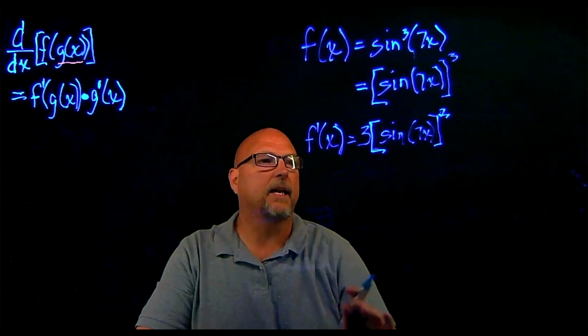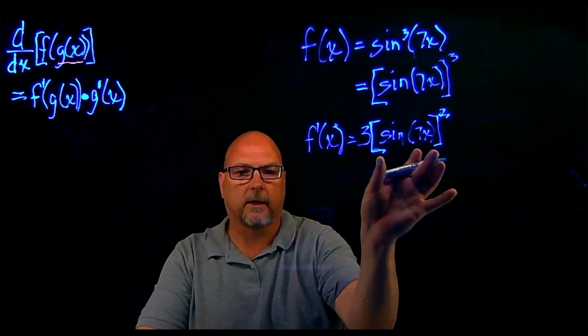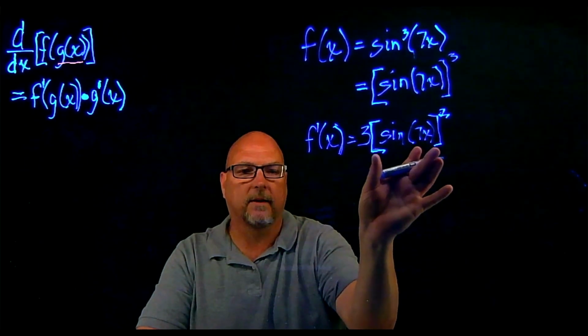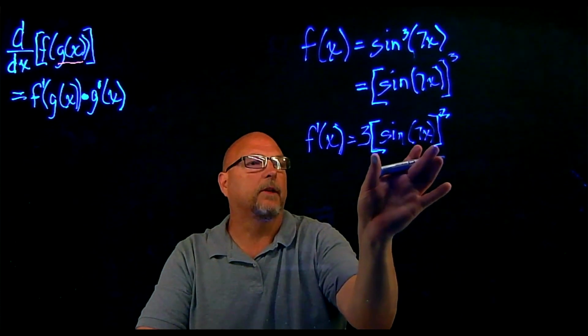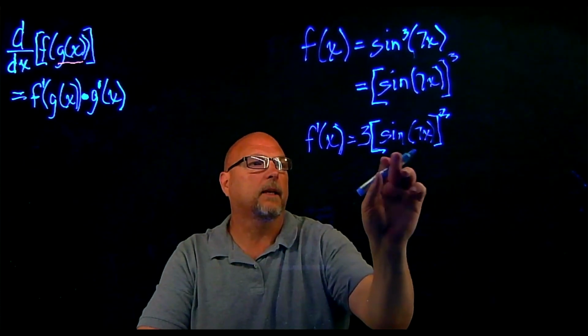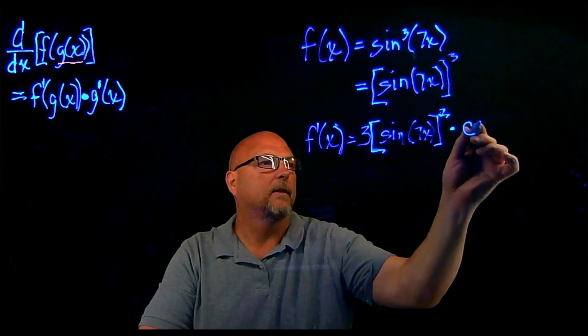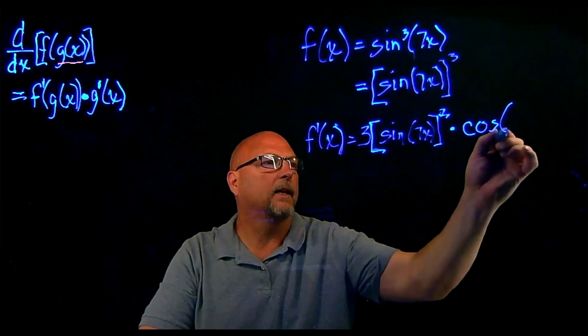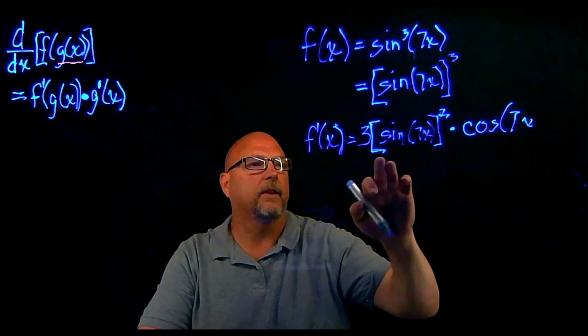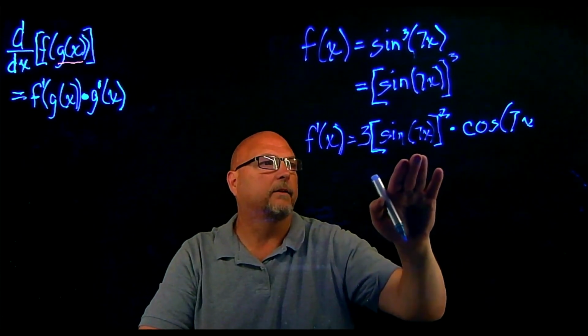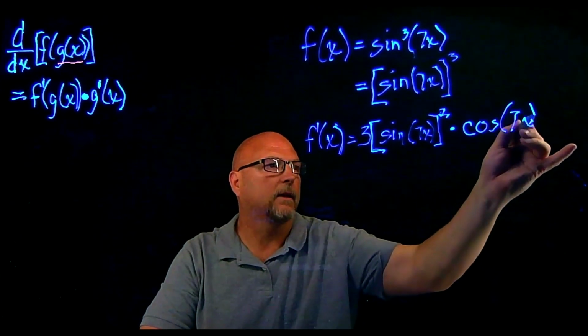So we're not done yet, because I didn't do anything to the chain. So we now have to take the derivative of the chain. So the derivative of the sine of 7x is cosine of 7x.